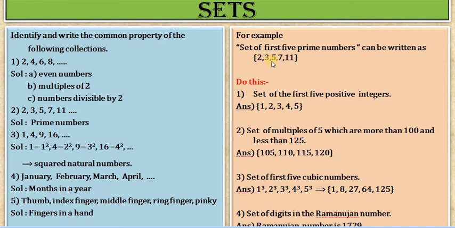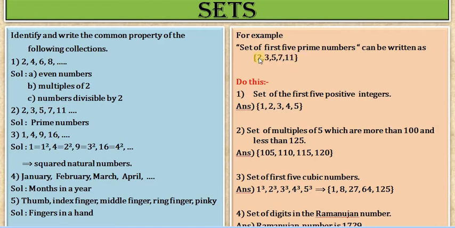Now how did you write this set? These values are written in order and separated by commas, isn't it? And these values are placed within braces or flower brackets. The way in which you write here like this forms a set.